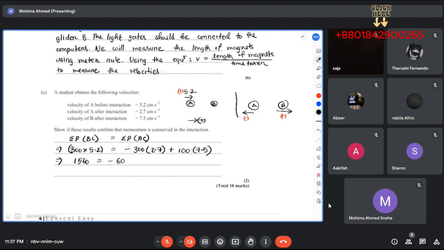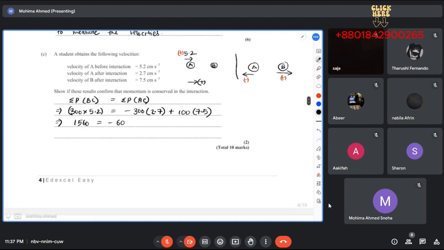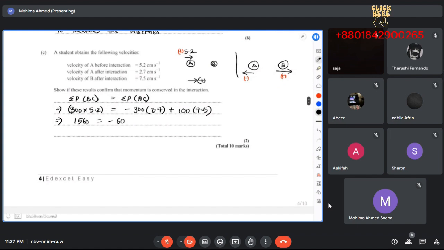We recalculate it. Plus 100. You're getting minus 60, then yes, momentum is not conserved. They were also asking whether these results confirm the momentum is conserved in the interaction, so you would write that no, momentum is not conserved.